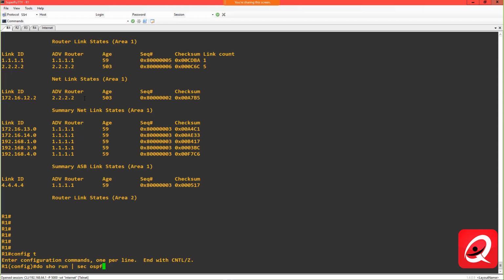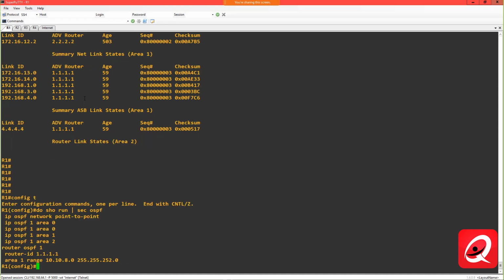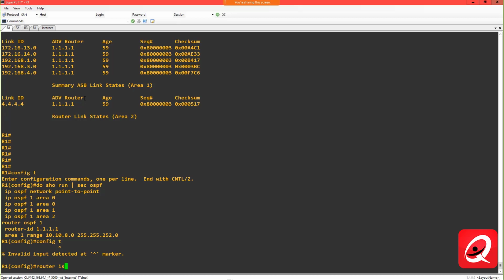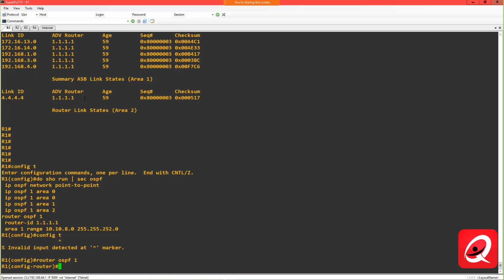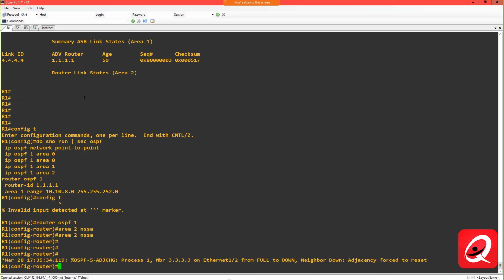If I do a show run pipe section OSPF, I can see the configuration for area 2. We're going to make area 2 a special area type. So config router OSPF 1, and I'm going to type in area 2 NSSA. I'm just going to make it a not so stubby area. Not so stubby means that type 3s are allowed in, but type 5s are not allowed in.